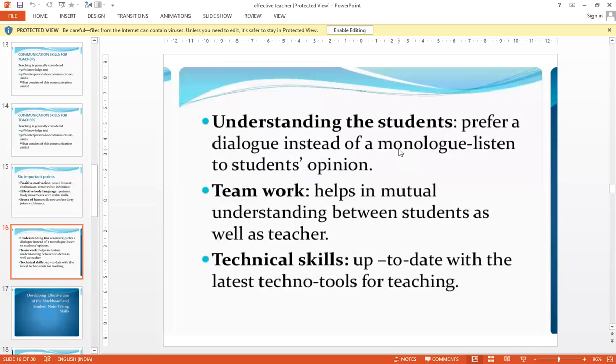Next, we have technical skills: staying up to date with the latest technical tools for teaching. Being teachers, we need to acquire all these skills.